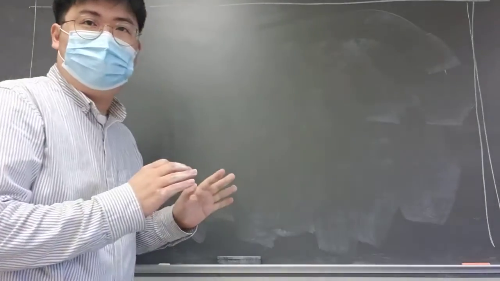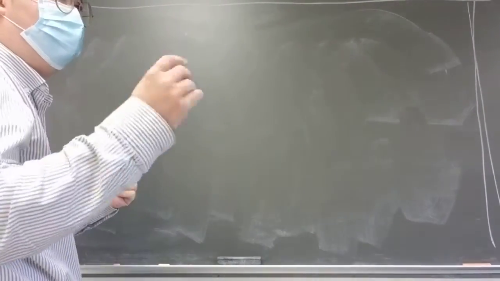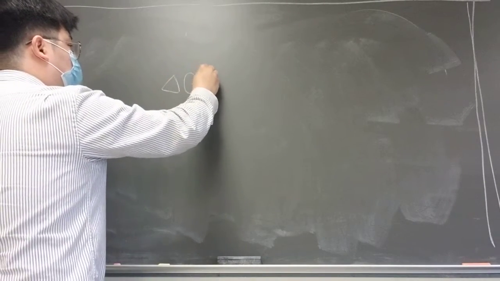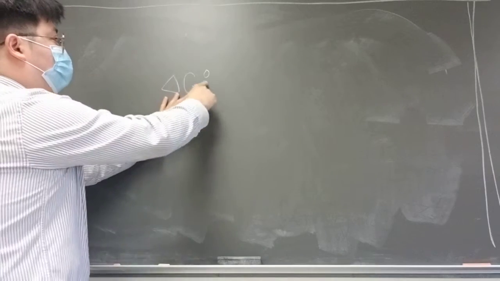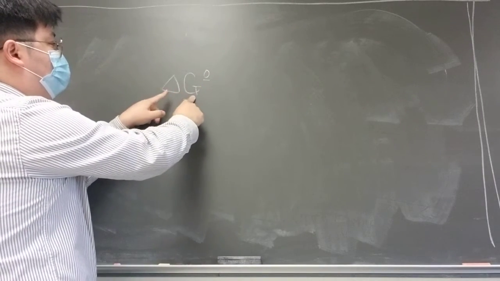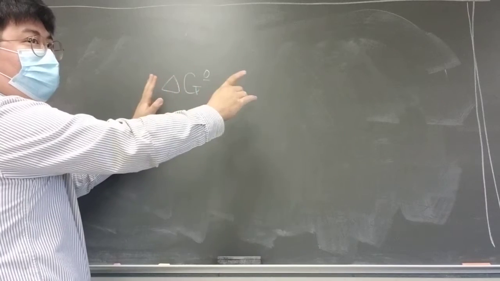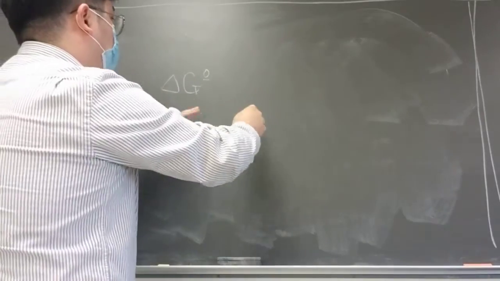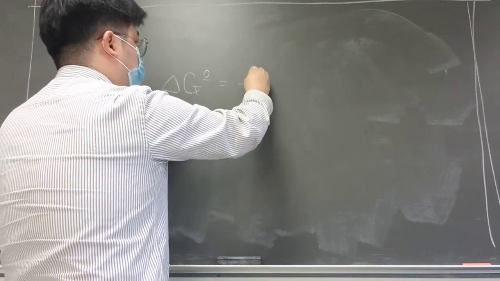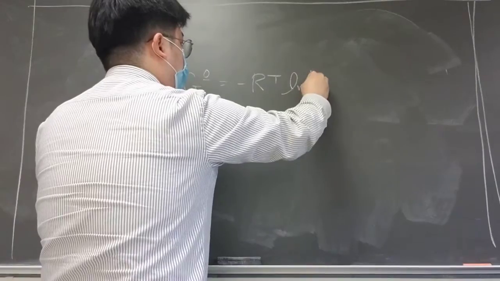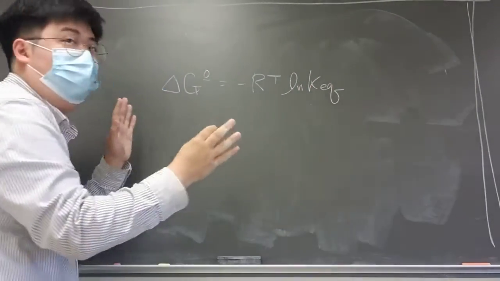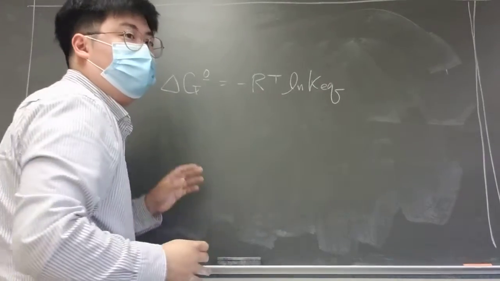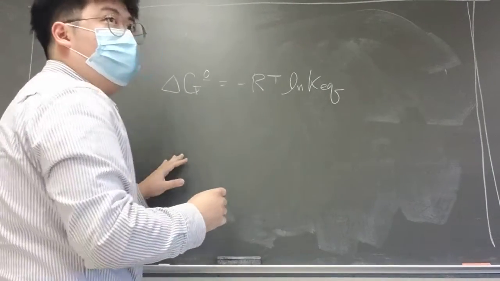This is something you don't have to know for your exam, so just listen to it. The delta G naught means this delta G was measured at standard conditions, like 1 atm, a specific concentration, a specific temperature, pure compounds, and so forth. This is a kind of relationship, and this is how I meant that Gibbs free energy will affect your K_eq over here.